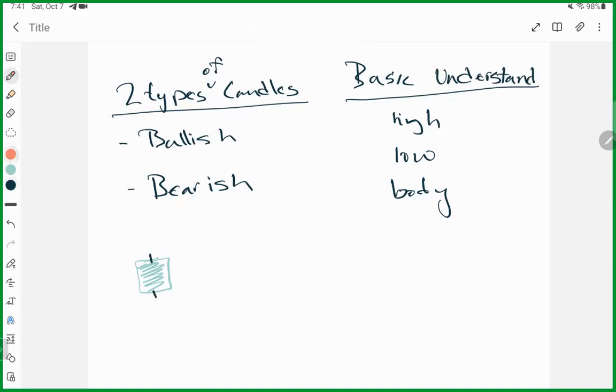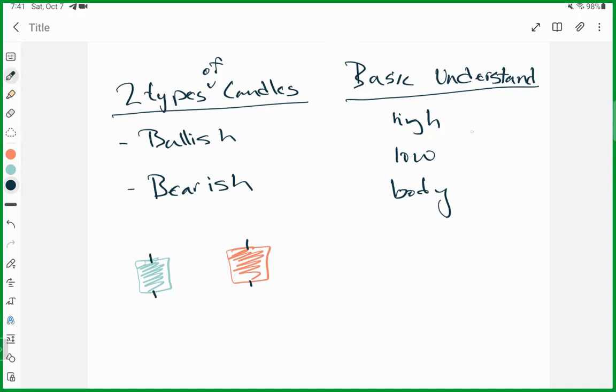And a bearish candle is going to look something like this, and it's typically going to be denoted with a red color. On my charts, a bearish candle is going to be denoted with a black color. But typically, the universal color code for bullish and bearish candles is green and red, so that's why I'm using that in my example today.